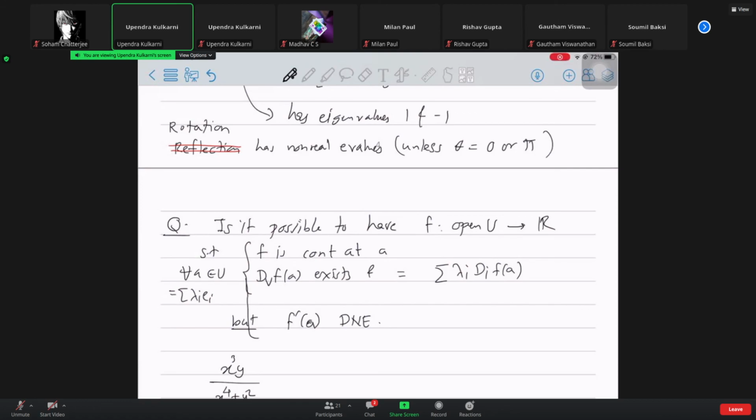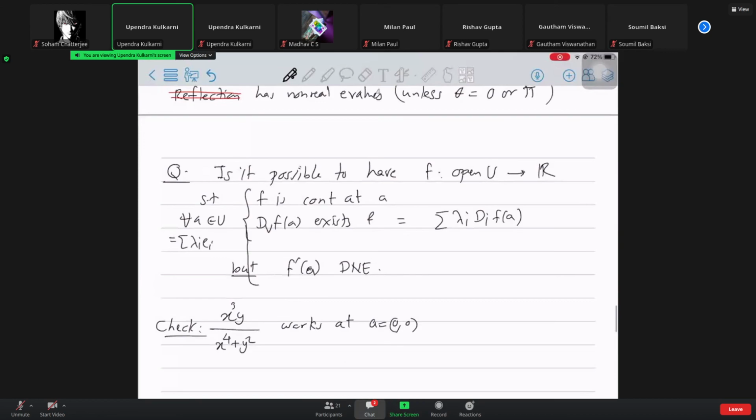So check at a equal to (0, 0). Everywhere else there will be no problem with this function. Everywhere else it will have a total derivative. I do not want this function to have the total derivative anywhere.